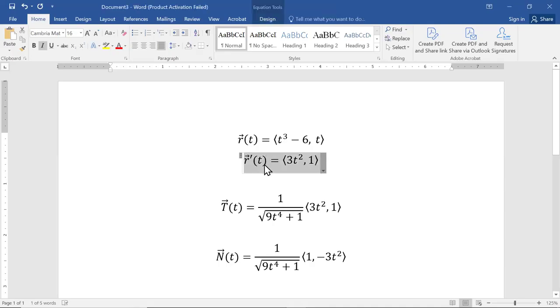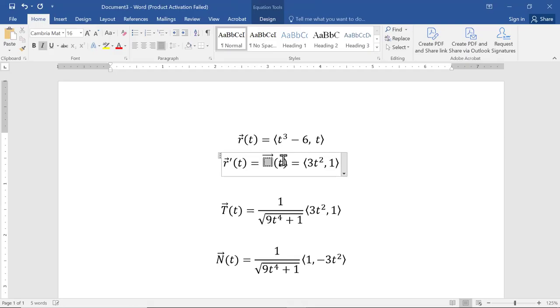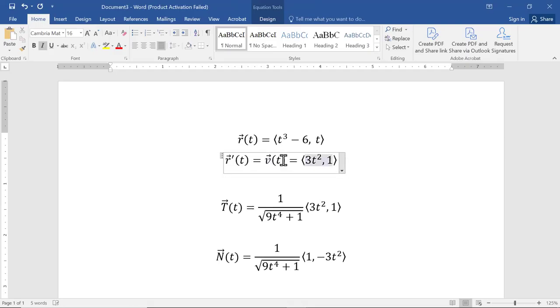So here we go. We have our first derivative, which again, if r of t is a position function, then my first derivative is going to give me the velocity function, the velocity vector valued function.